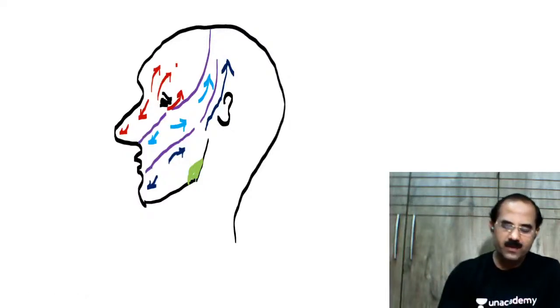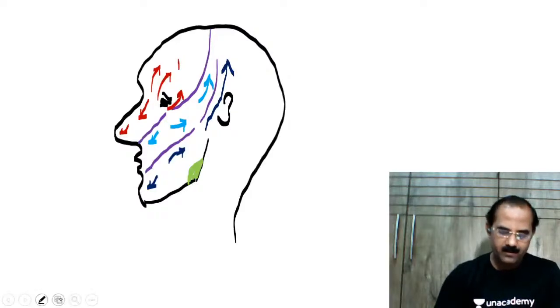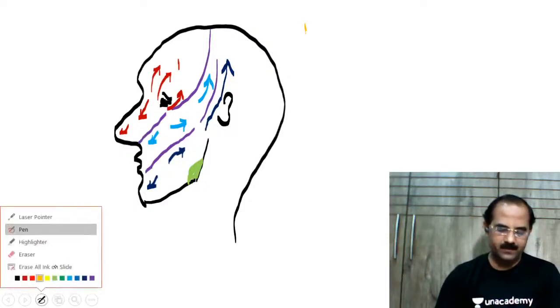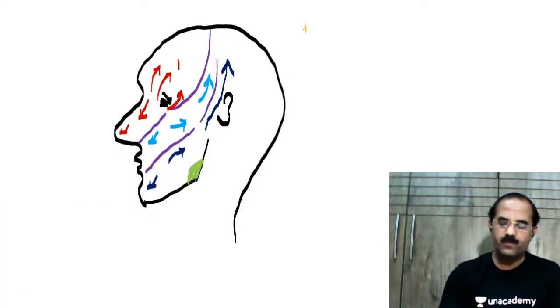Okay, I'll just label this for you. I'll put this number 1. Okay, very good. 1, this is supraorbital.